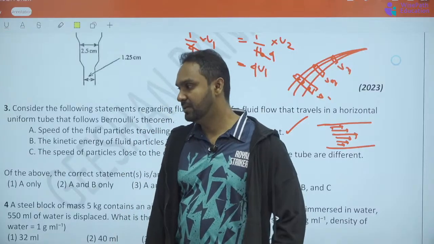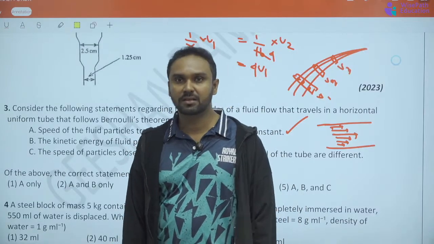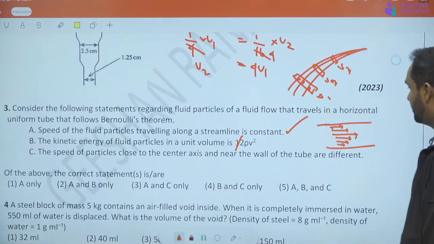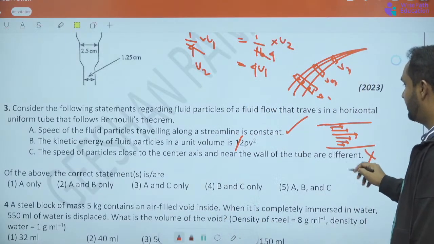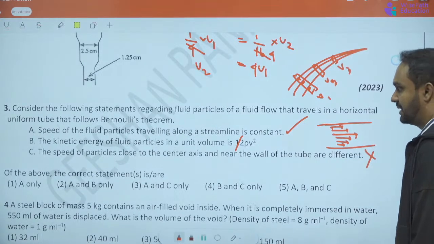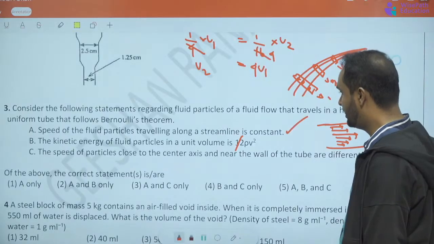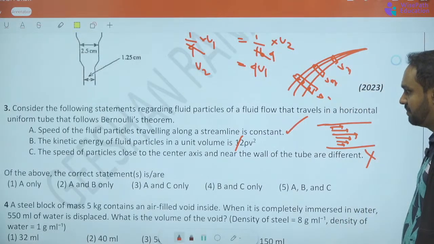In Bernoulli's theorem we consider the friction from the fluids to be 0. Therefore this is not correct, because they have to have the same velocities. So answer C is incorrect. Only A and B are correct.